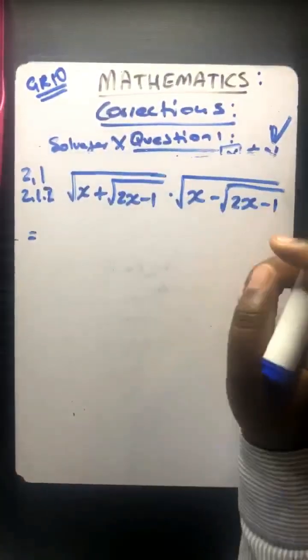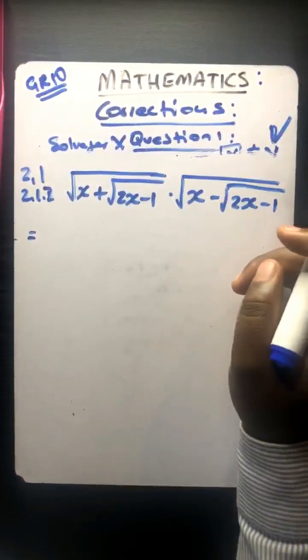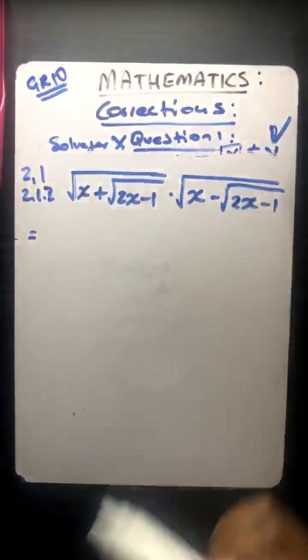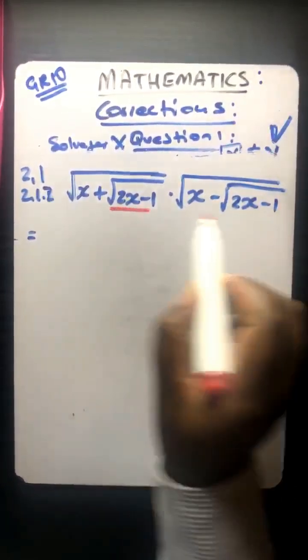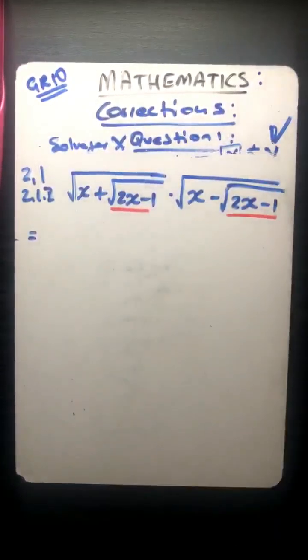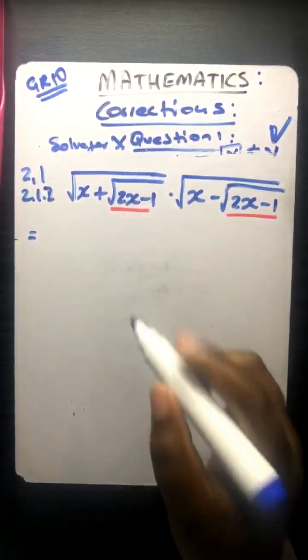Maybe how about we try to assume something. The moment you get to this stage, you can try to say, let's assume that to be whatever. You like to call it the K method.